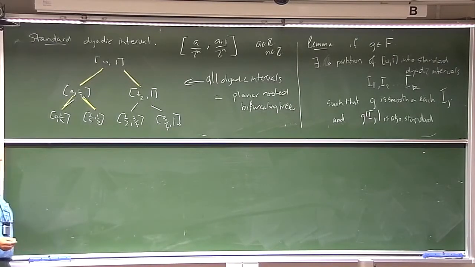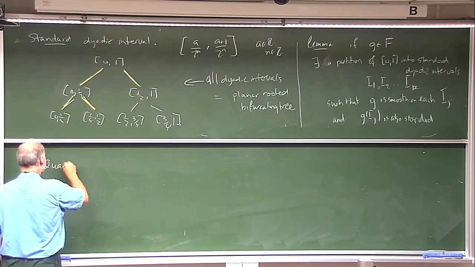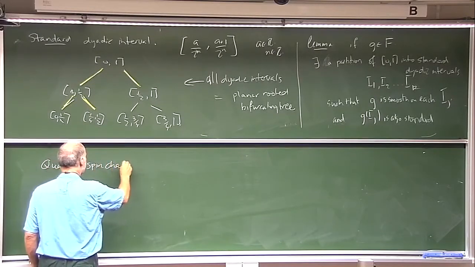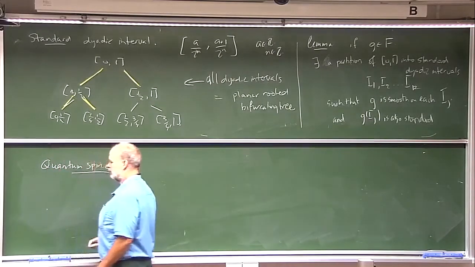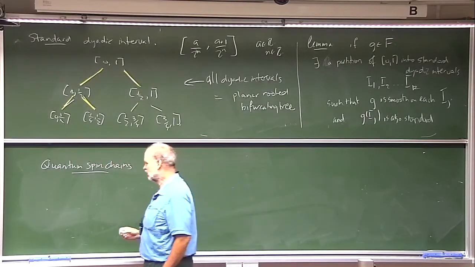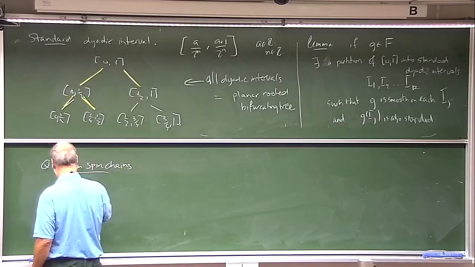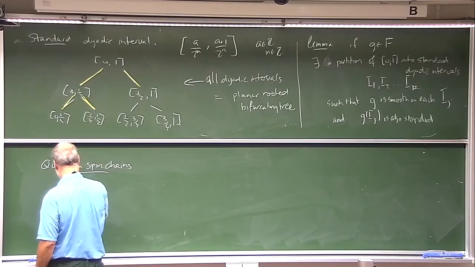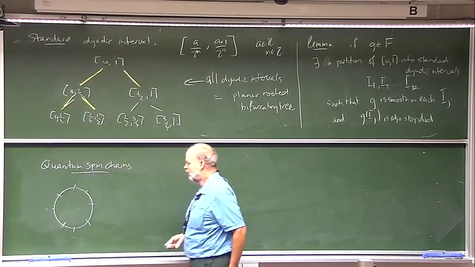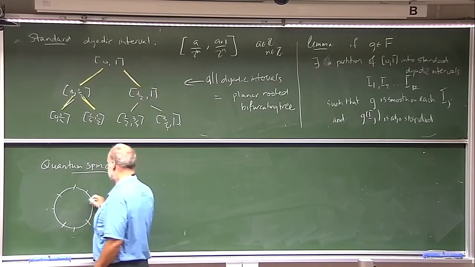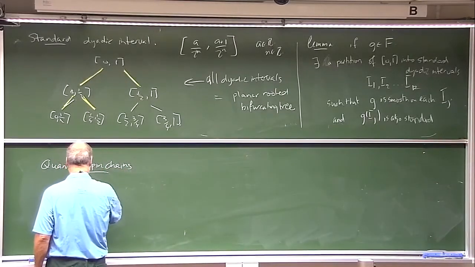The idea actually comes from quantum spin chains. Because you see, one example of a planar algebra we had was these tensors. So in particular, if you looked at the vector space of a planar algebra on the circle with these points, that really is the tensor product of a whole lot of C2s.